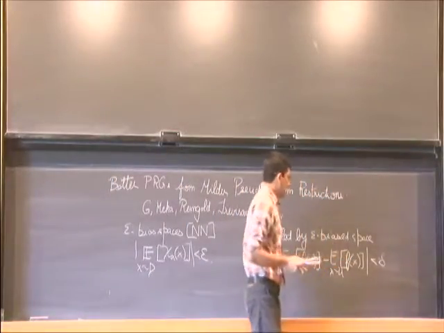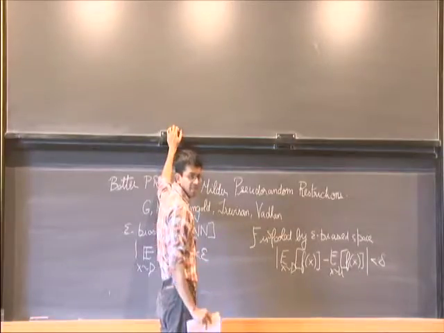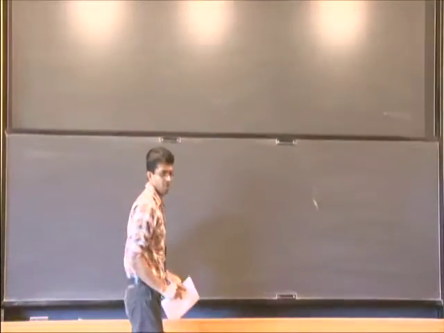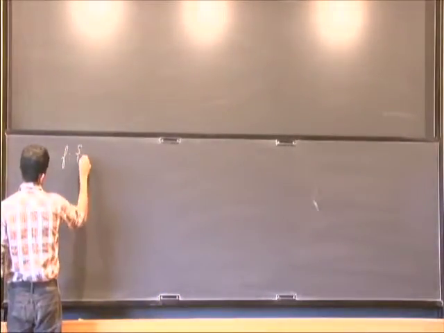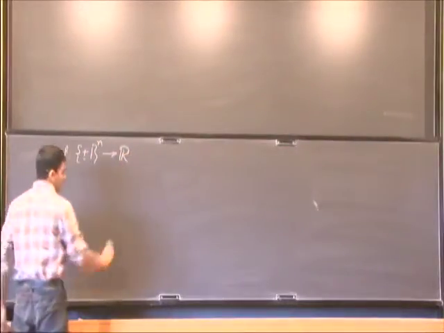Now a notion that comes up very naturally when you study epsilon bias spaces is the L1 norm of a function. Let's say I have a function on the Boolean hypercube, plus minus 1 to the n.